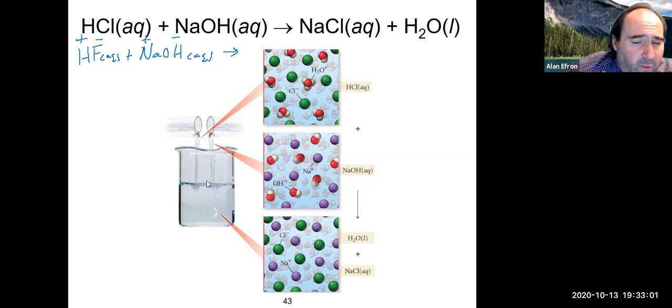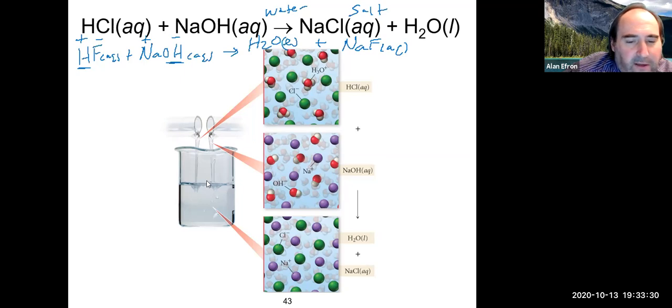Again, we're going to get the water from the H from the acid and the OH from the base. And our sodium, which is +1, and our fluoride, which is -1, will come together to make sodium fluoride. So this would be our molecular equation here, H2O plus NaF. NaF would be our salt, and H2O obviously would be our water in this particular case.